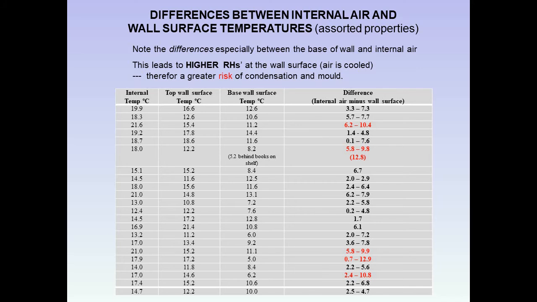Note in the figures, some areas have a difference between the base of the wall and the standard air temperature of nearly 13 degrees. Some of them are very high indeed. So we have a very large difference between air temperature and surface temperatures under some circumstances.